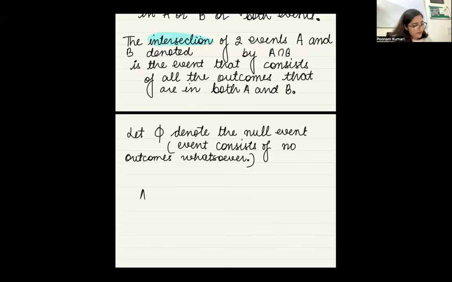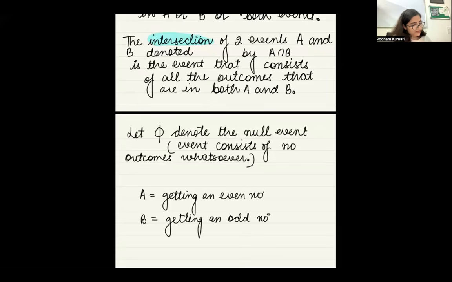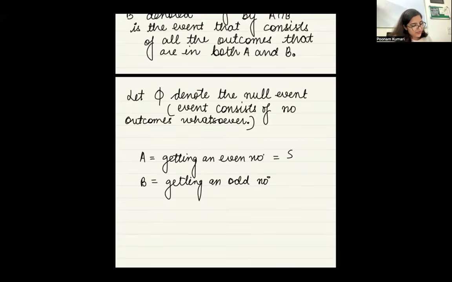One event was getting an even number, the other event is getting an odd number. What is this set? 2, 4, and 6. What is this set? 1, 3, and 5.